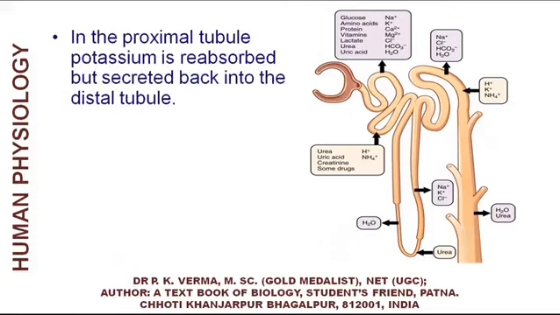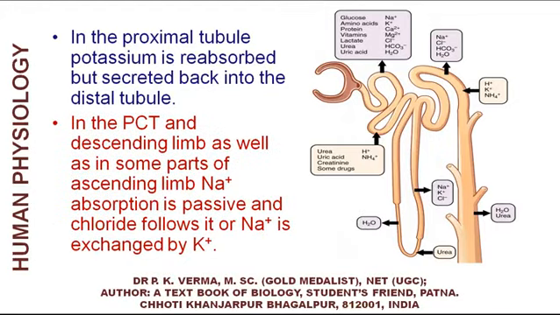You can see that urea, uric acid, creatinine and some drugs are secreted into the renal tubule, but the glucose, amino acids, protein, calcium, magnesium, chloride, bicarbonate, water, as well as organic components like lactic acid, urea and uric acid are partially absorbed in the renal tubule. In the proximal convoluted tubule, potassium is reabsorbed but again secreted back into the distal tubule.